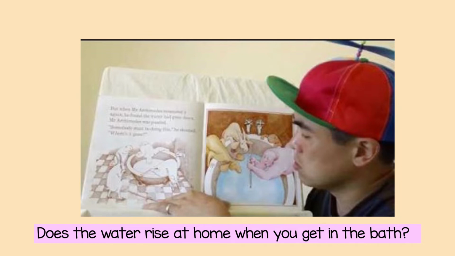The water rose. When Mr. Archimedes measured it, he found it had gone down again. Now let's see what happens when you are left out, Goat. Again the water rose. That left only Wombat to blame.